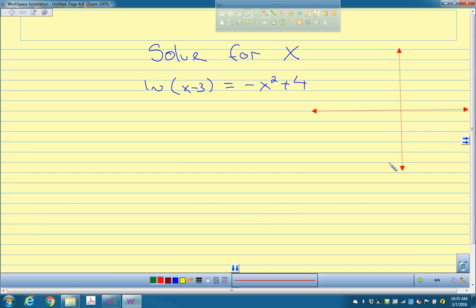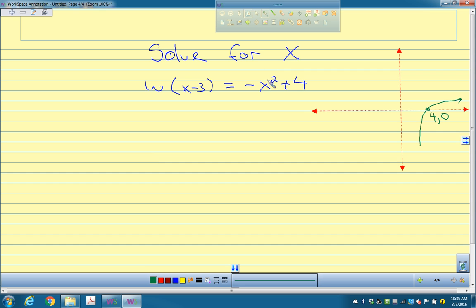So that looks kind of like this over here, where you have an asymptote at x equals 3, right? And it goes through the point 4, comma 0, because it usually goes through 1, comma 0. Got that one wrong, right?